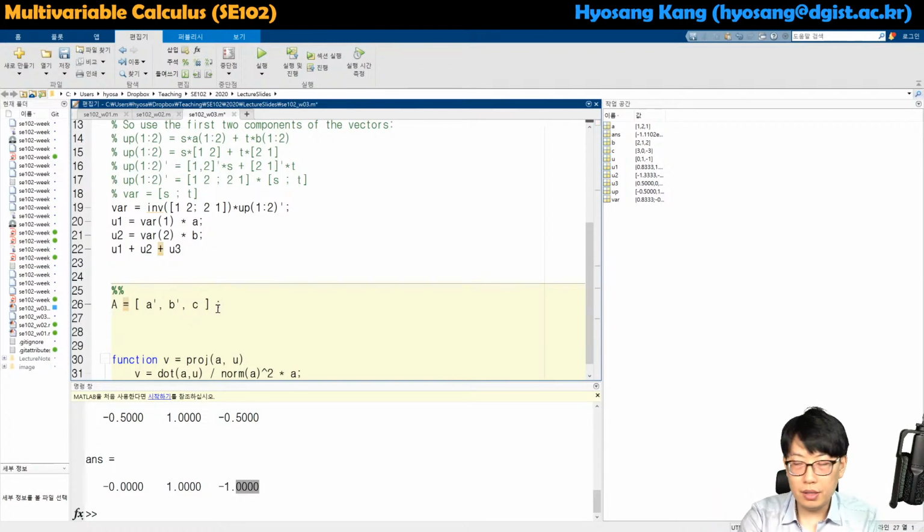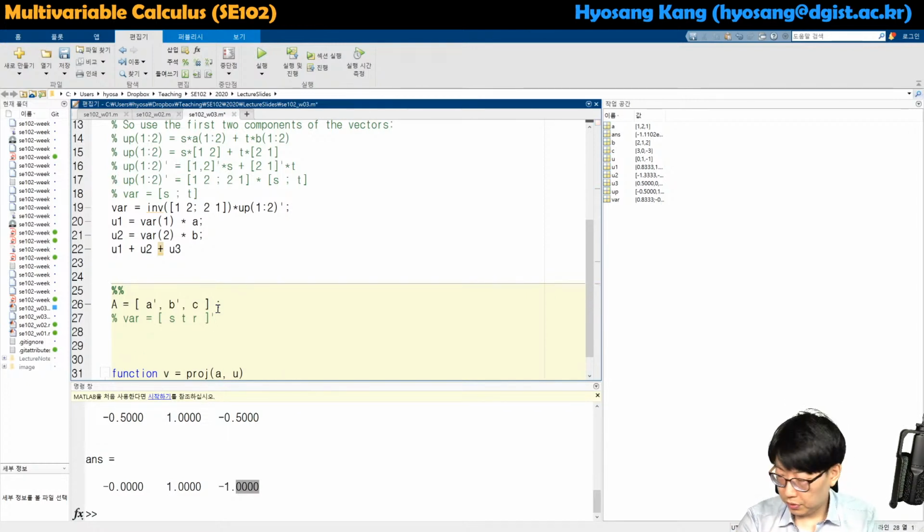And this is A, and the variable that we need to find, as I wrote in the solution, is s, t and r, and that should come as a column vector also. So the variable vector is equal to A inverse times u.